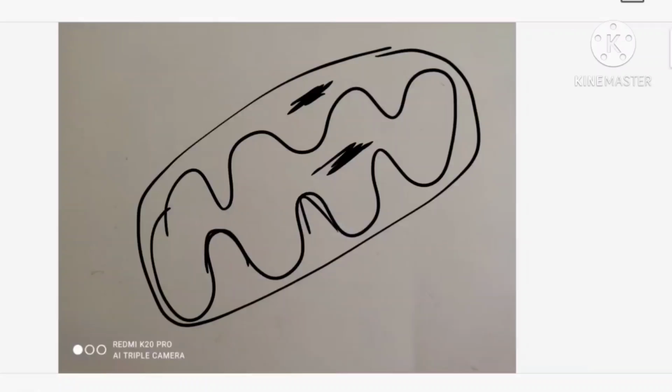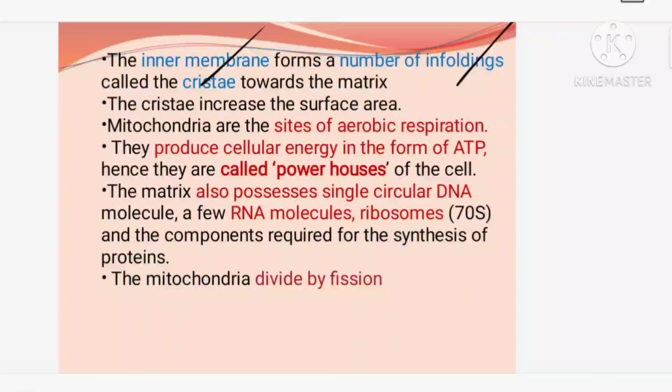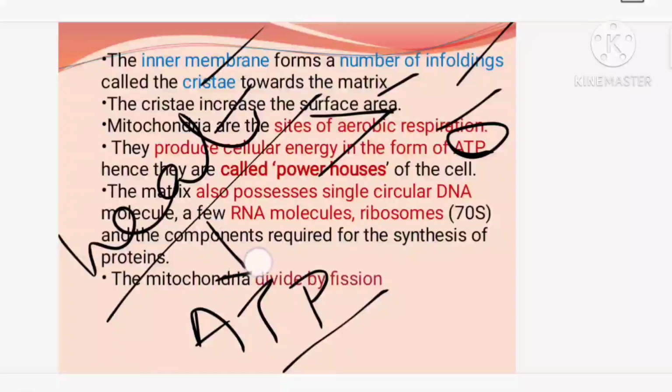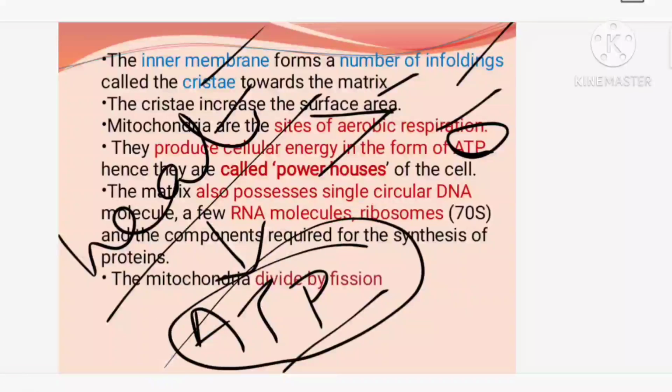So this is the infolding which we call the cristae, and they are increasing the surface area, so much amount of enzymes, so aerobic respiration is carried out mainly there. They produce cellular energy, and the energy is formed in the form of what? ATP, stored in the form of a chemical energy called ATP. Okay, so the heat energy which is generated during the process is converted into a chemical energy called ATP, adenosine triphosphate.